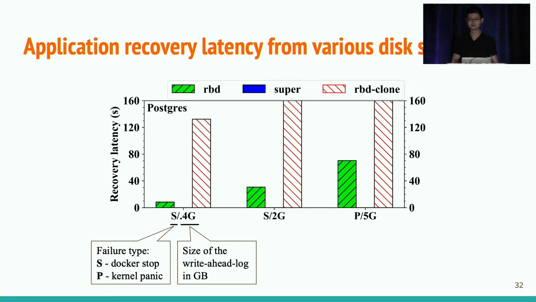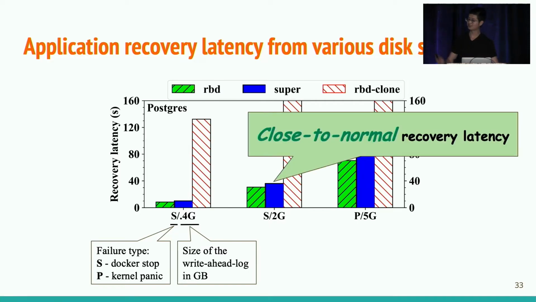This is basically because when you have the write latency be 30 times higher, application recovery suffers. And finally, super is very close to the regular disk, while significantly outperforming Ceph's existing implementation.